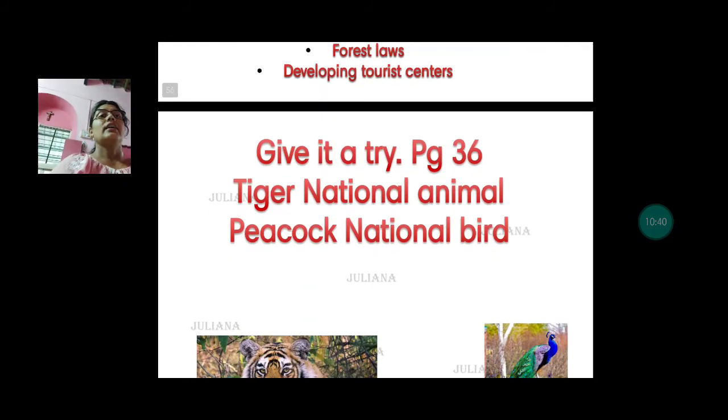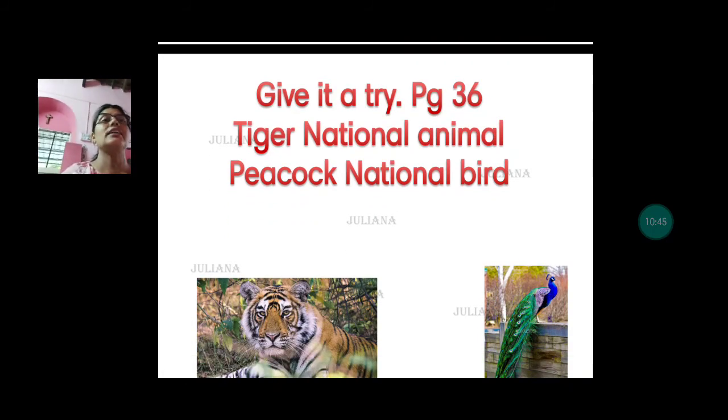Now there is a question here. Give it a try on page 36. Tiger is our national animal and peacock is our national bird. Now what you have to try is, the situation is similar. The number of tigers is decreasing in India. Same is the case with elephants, rhinoceros, and various other birds and animals.